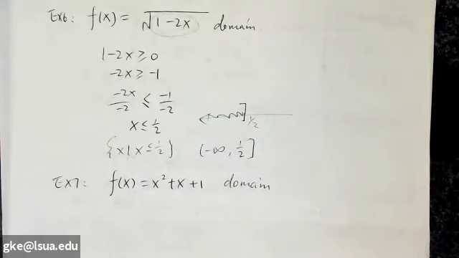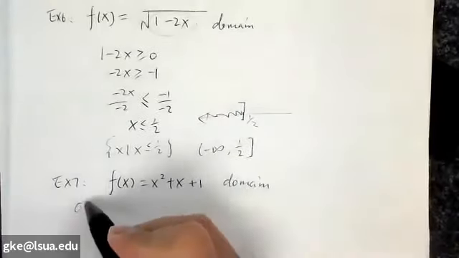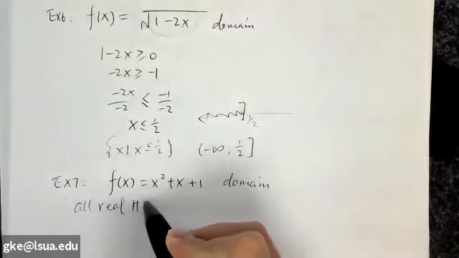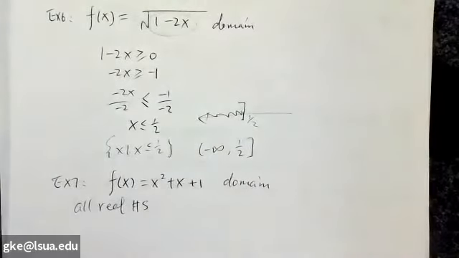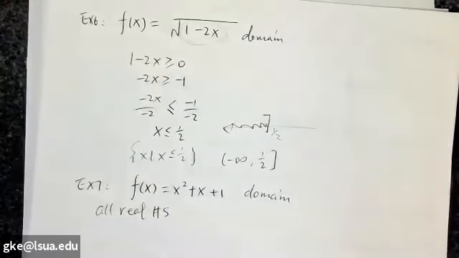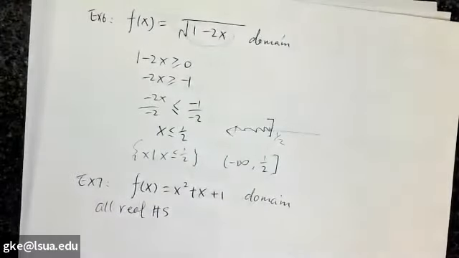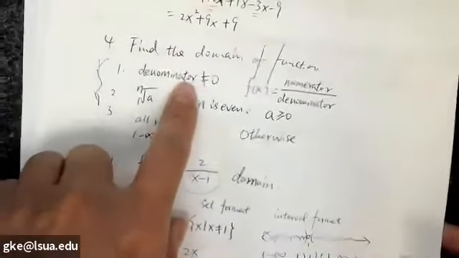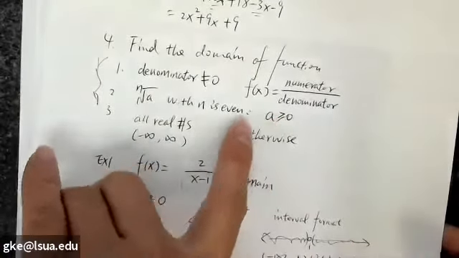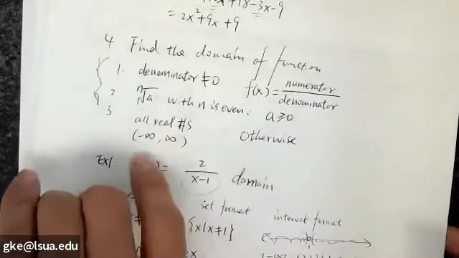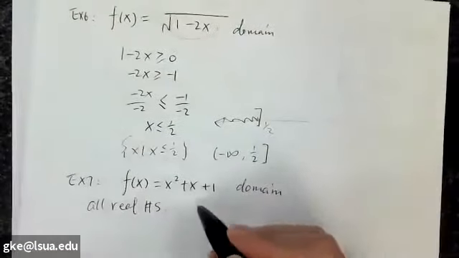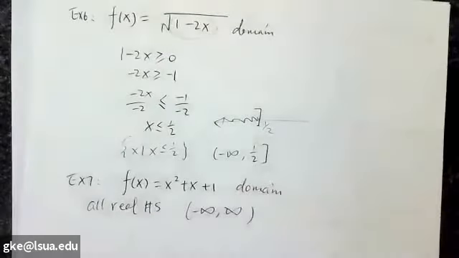No. So otherwise, it's the third scenario. The domain is all real numbers, because here we don't have a fraction and we don't have a square root. So that means all real numbers, or you can write it in interval format. That's it.